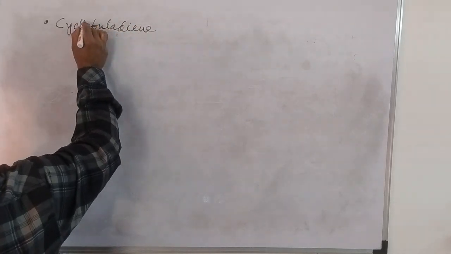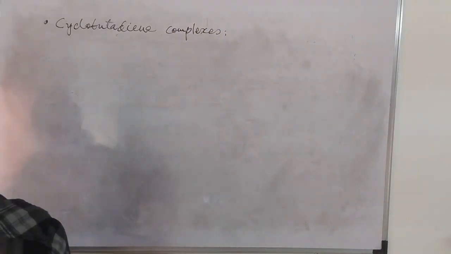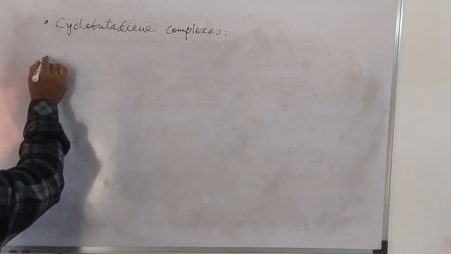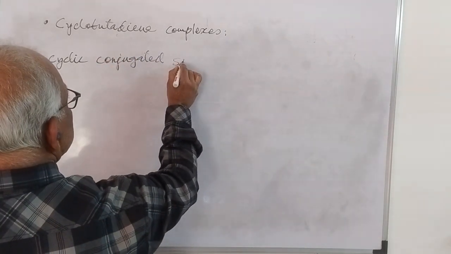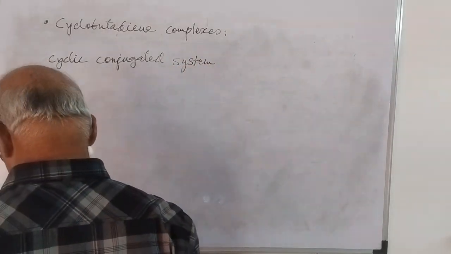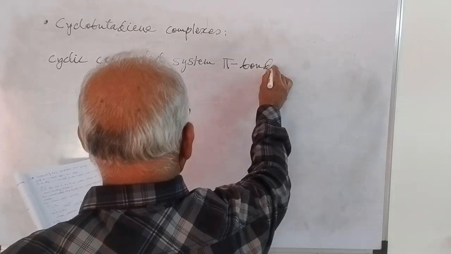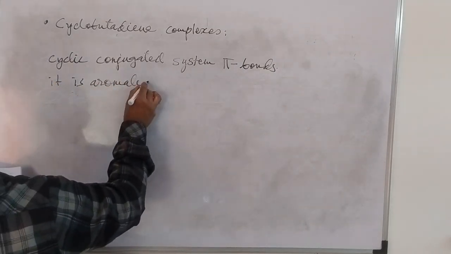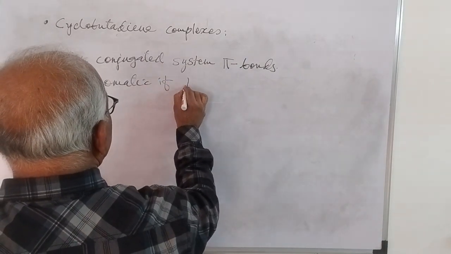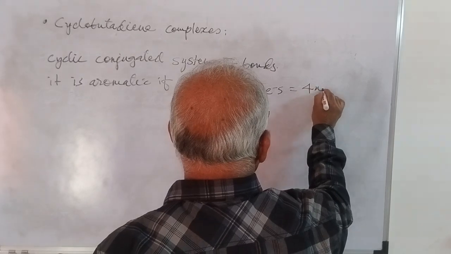Here, when the system is a cyclic conjugated system with pi bonds, then it is aromatic if the number of pi electrons is equal to 4n plus 2.